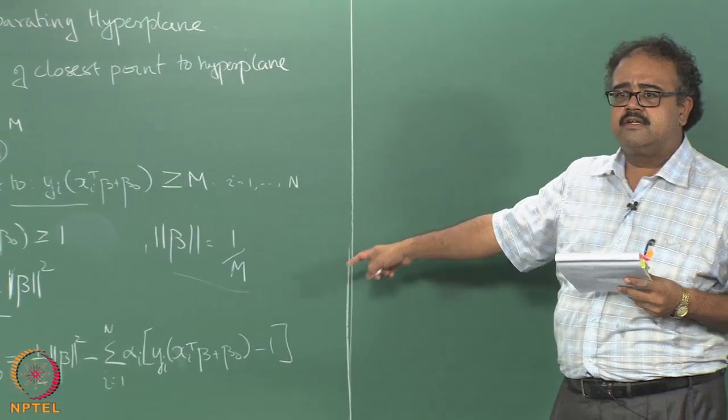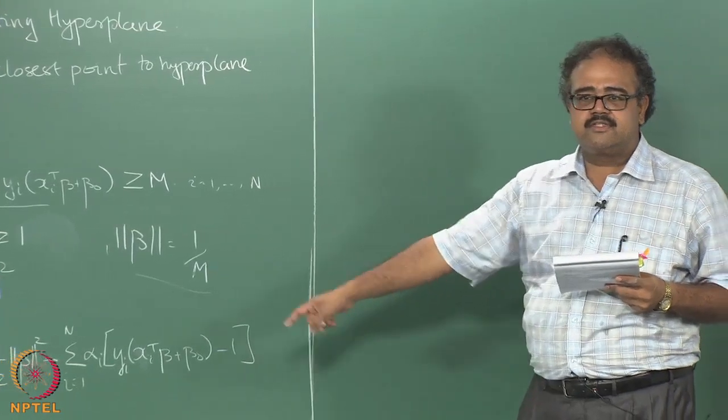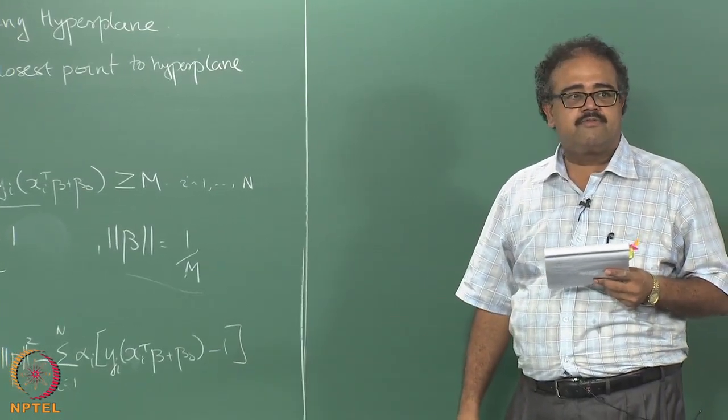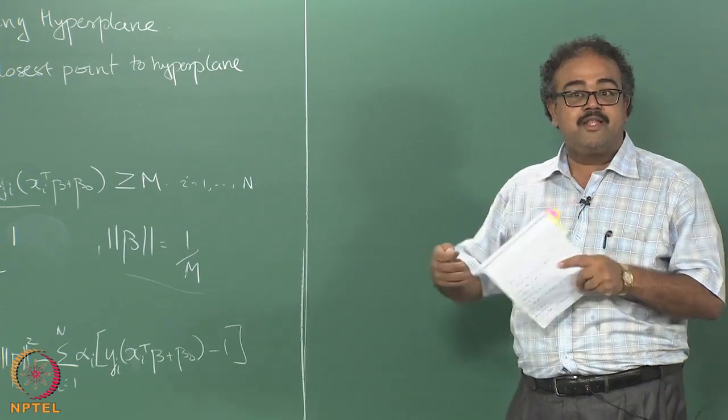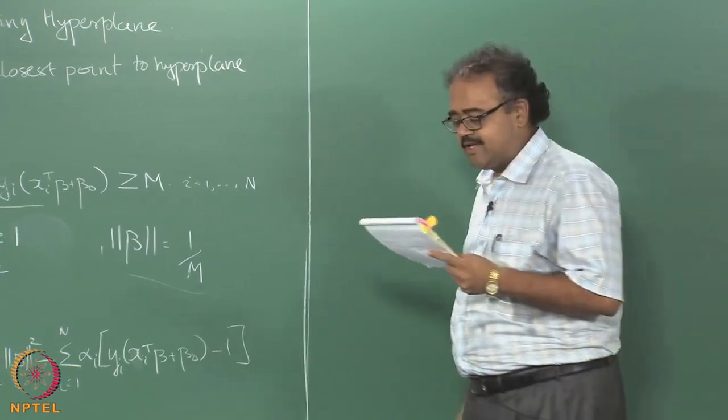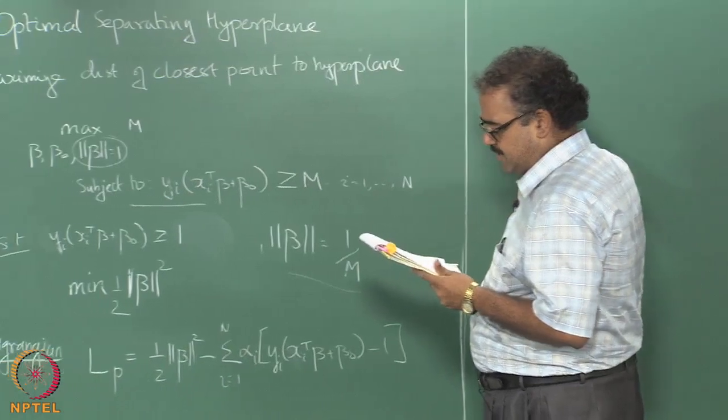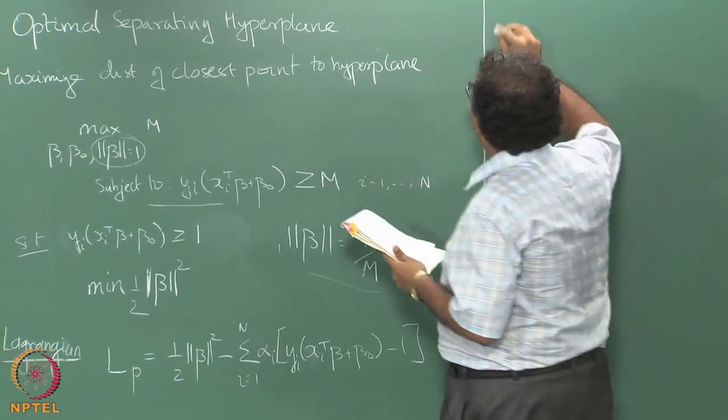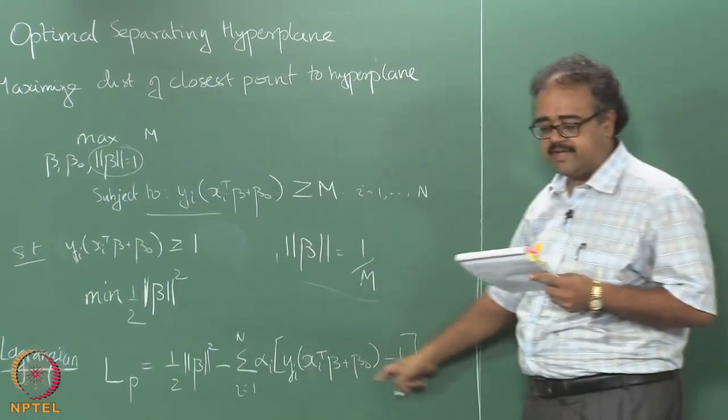That's the primal. So we'll have to form the dual of this. The dual looks a lot easier to solve. The dual is actually a lot easier to solve, so we will go ahead and do the dual. First, I'll take the derivatives, right?